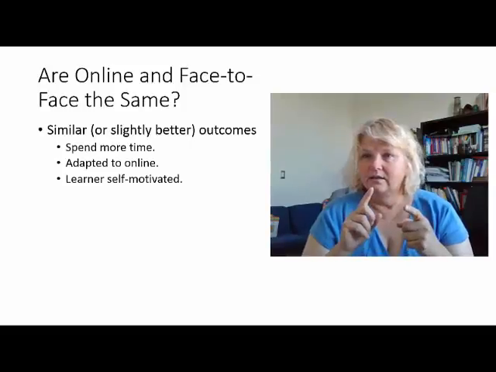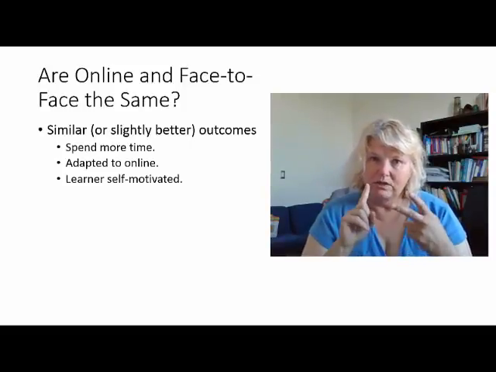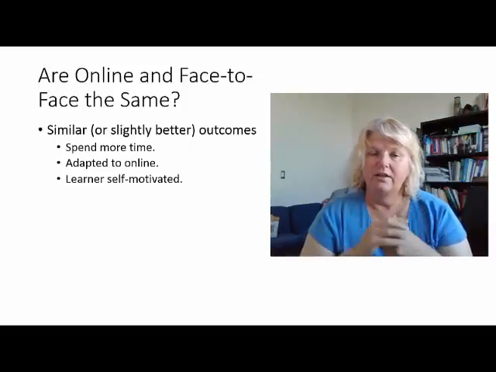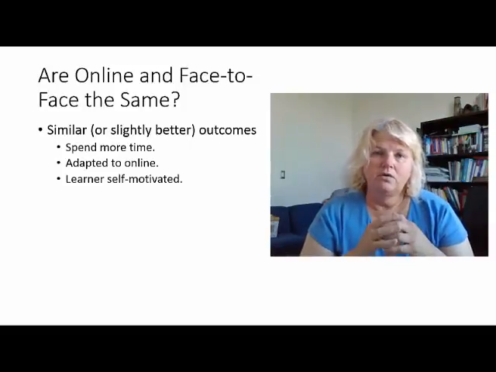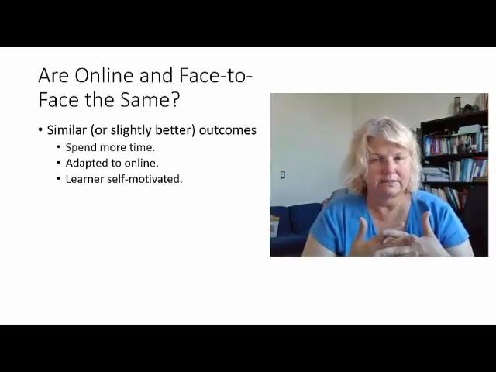One, anytime a student spends more time with the content and more time with the teacher, the outcomes are better. So lots of the online courses that had better outcomes had more time to do the same amount of work, not less time.